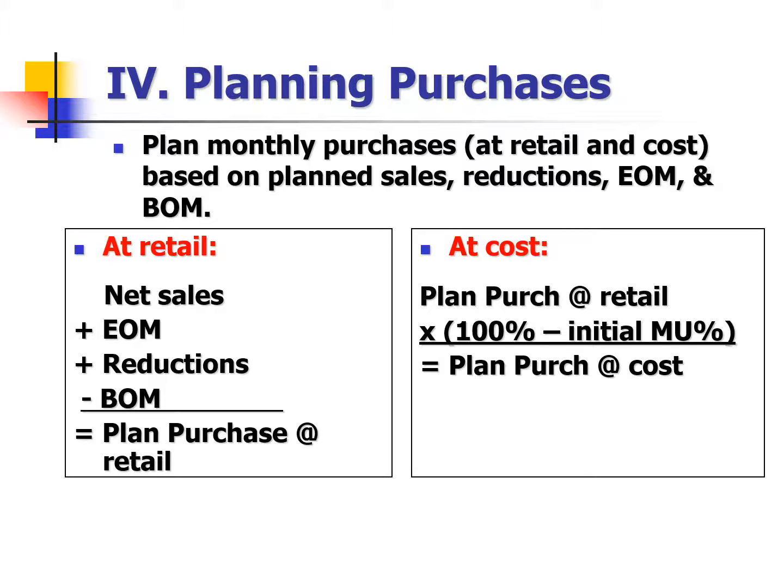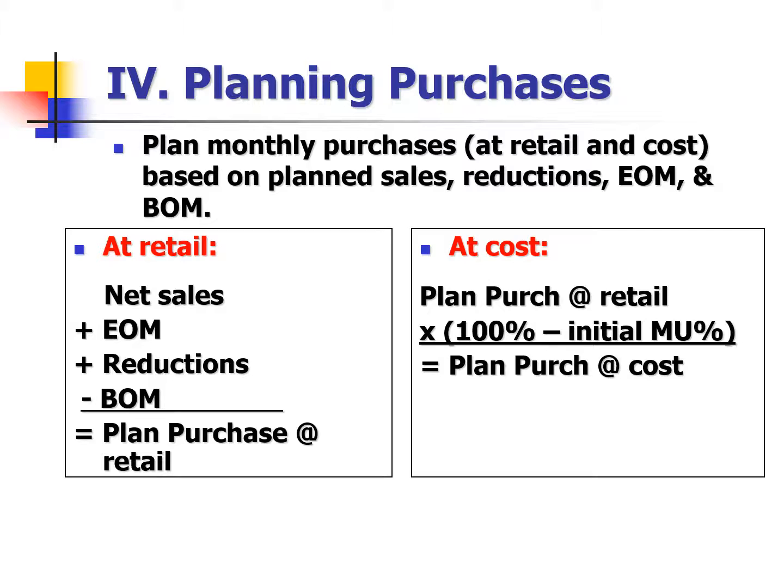But we also want to know the cost value of the purchases, because the cost is what we actually are going to pay to the vendor when we make the purchases. So we need to know the cost value of purchases as well, because this is the capital need that we have for that particular month, right? Once you have planned purchases at the retail value, we can easily estimate the cost value by knowing the markup percent: retail times 100% minus markup percent equals cost value.